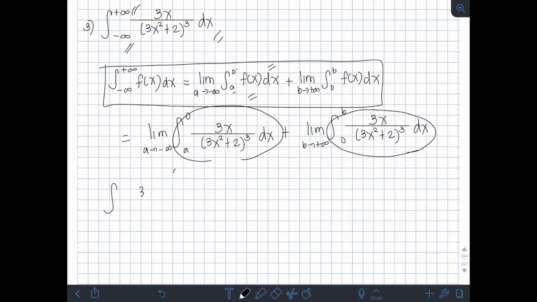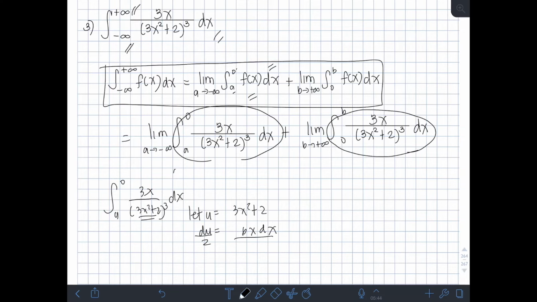Integral of 3x over (3x squared plus 2) to the third dx from a to 0. So, we can let u be this denominator, 3x squared plus 2. Getting the derivative, we have du equals the derivative of 3x squared plus 2, which is 3 times 2x plus 0, or simply 6x dx.